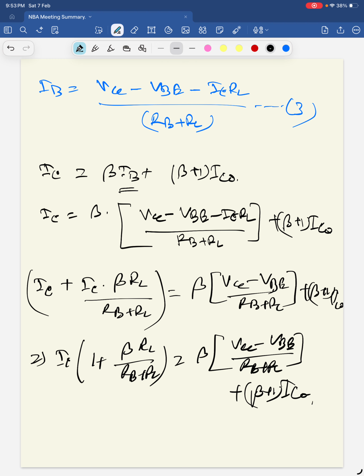This is the expression. Now we can differentiate it with respect to ICO. Here all the parameters are constant.